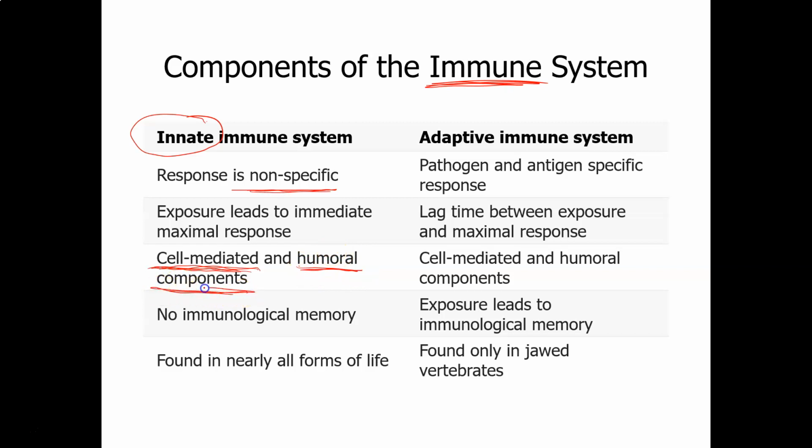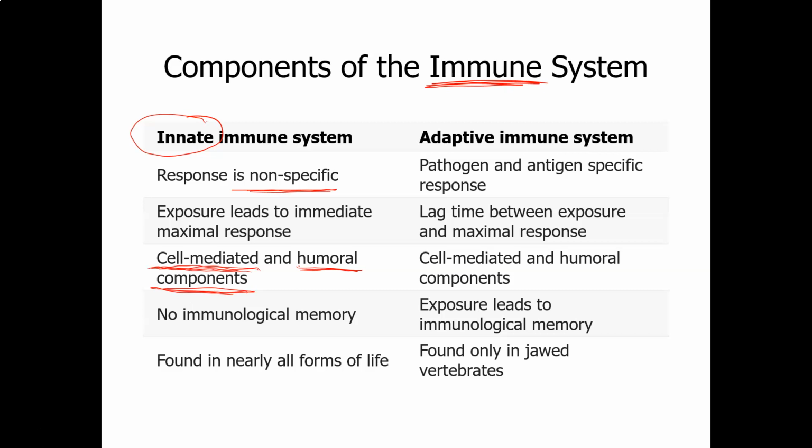So there will be chemicals in your body fluids that will help to get rid of foreign substances, whether they are bacteria or viruses or toxins. So humoral means within the body fluid, and cell-mediated means that it targets cells directly.